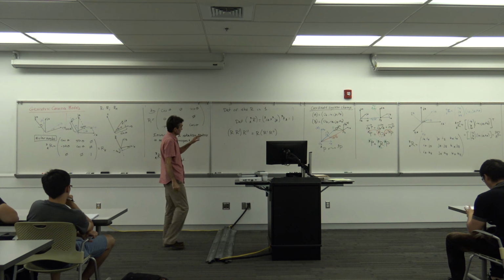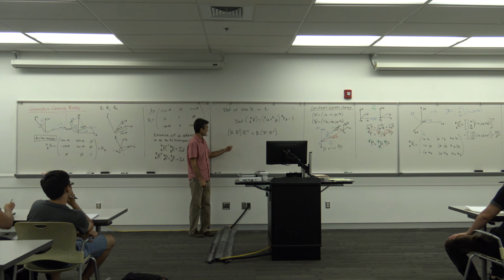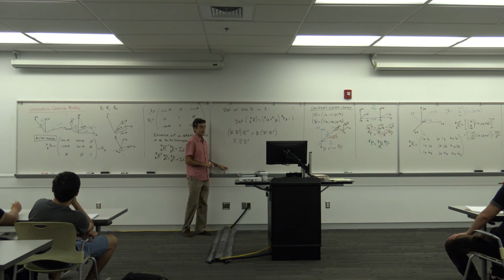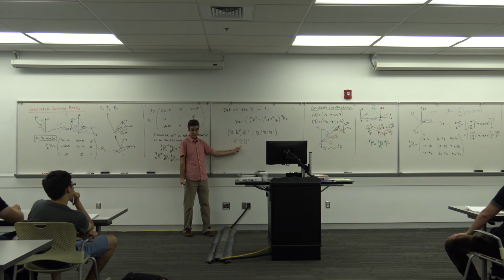Now, when you look at this, it seems a little odd that this is true, and it has to be demonstrated. You need to prove it. But in fact, if you think about this, there's no proof needed. Because what this really means is that I first rotate according to this rotation matrix, then I rotate according to this rotation matrix, and then according to this rotation matrix.